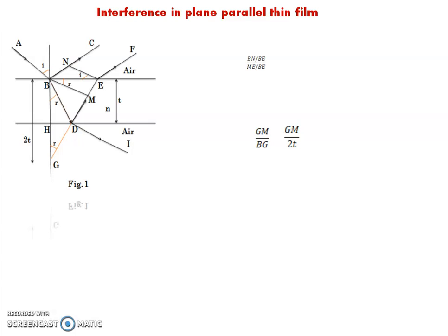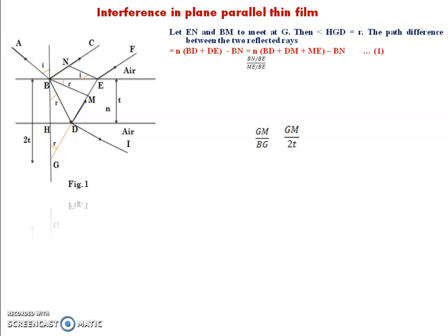Produce ED and BH to meet at point G. Then angle HGD is equal to R. Now the path difference between the two rays can be written as N of BD plus DE minus BN, and it can again be written as N of BD plus DM plus ME minus BN. Let this be equation number 1.